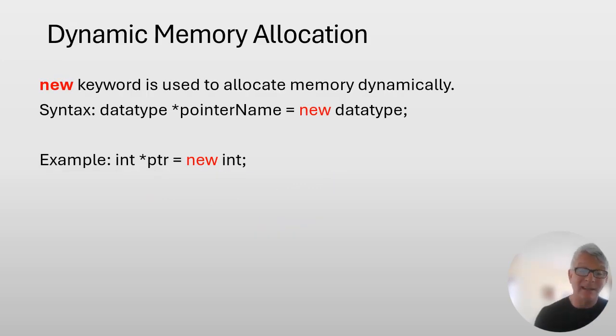Now it gives us a thing for dynamic memory allocation. We're going to get more into this with classes. But if you're coming from a Java background, you know the keyword new. Now we're not creating a new object here. All we're doing is allocating memory out on the heap.